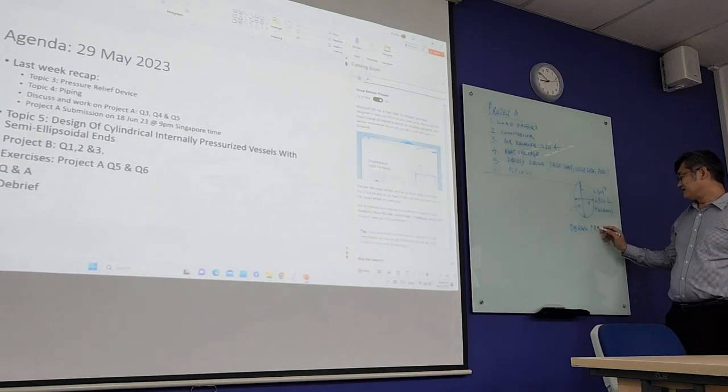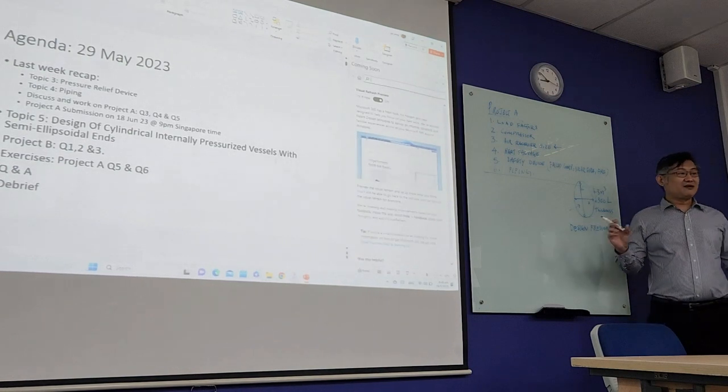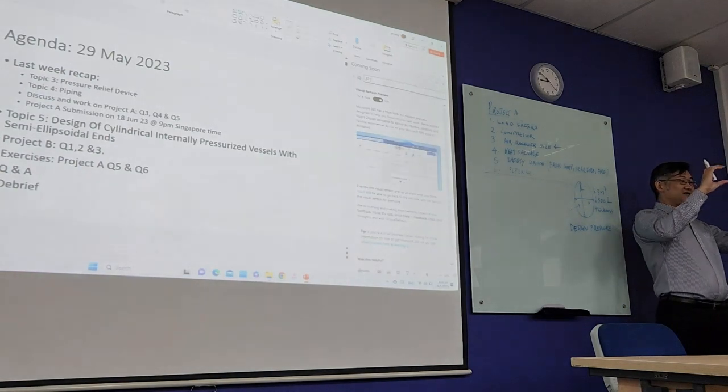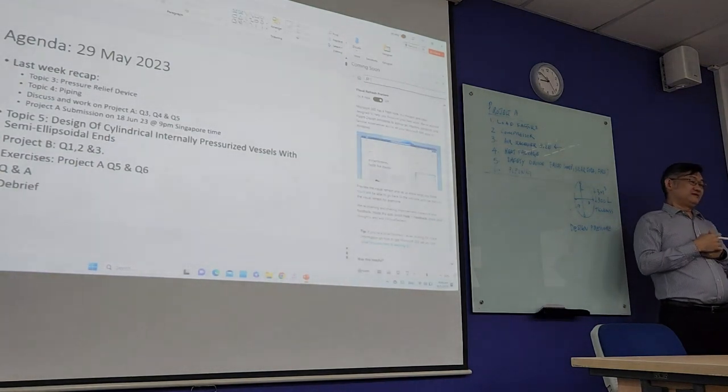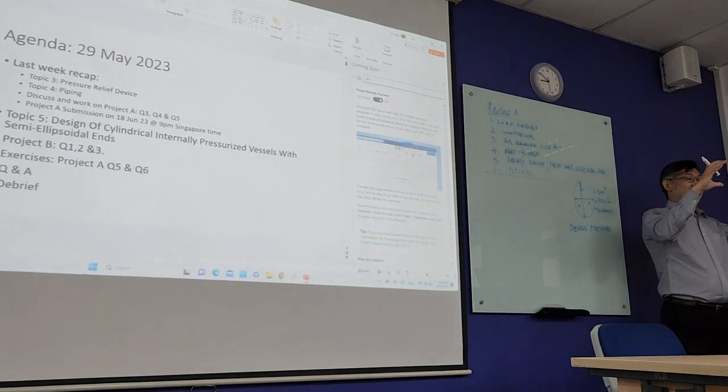You want to establish this understanding first. We are going to use this design pressure to calculate how much thickness is needed for our air receiver, because we want to build a receiver that can actually contain the design pressure. This is most important.